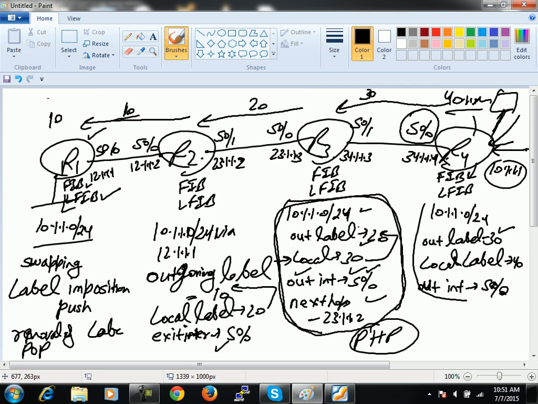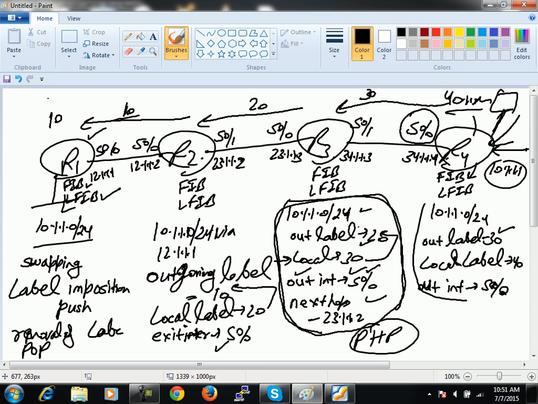So the path which is followed by your labeled packet to reach the destination will be known as LSP, label switched path. And LSP will always be unidirectional. Might be you are using asymmetric routing, and then the outgoing path will be different from the incoming path, right?